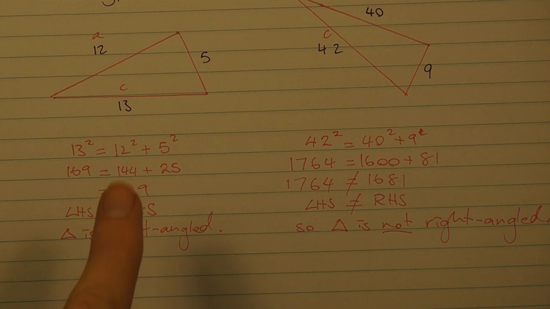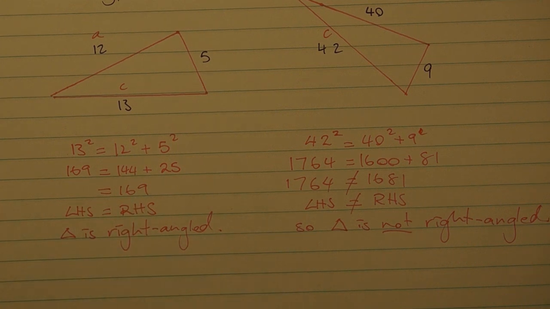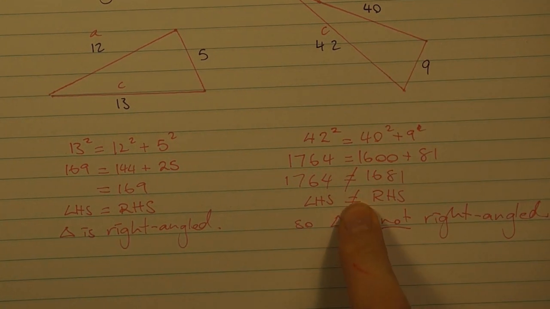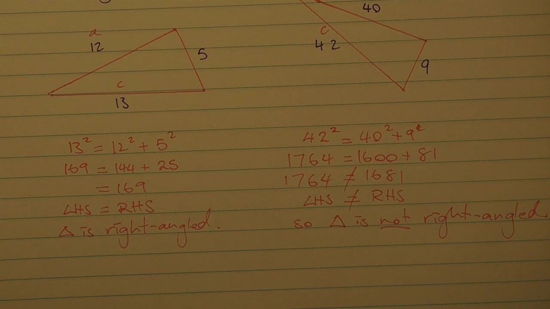You need to show that you've read the question and you're answering the question. So you're saying that because of this, you know the triangle is right angled. Because of this, you know the triangle is not right angled. That's showing your understanding. It's not just about memorizing those processes. We need to show that we have understood what we have been asked.